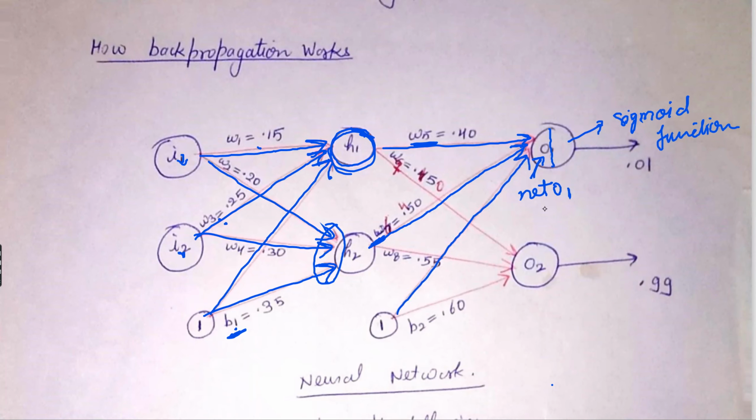This is our net O1, and on this value we will apply the sigmoid function, and then we will get the output of O1.